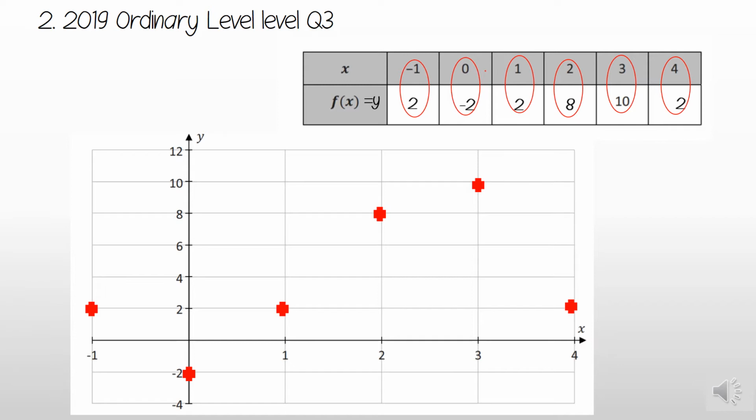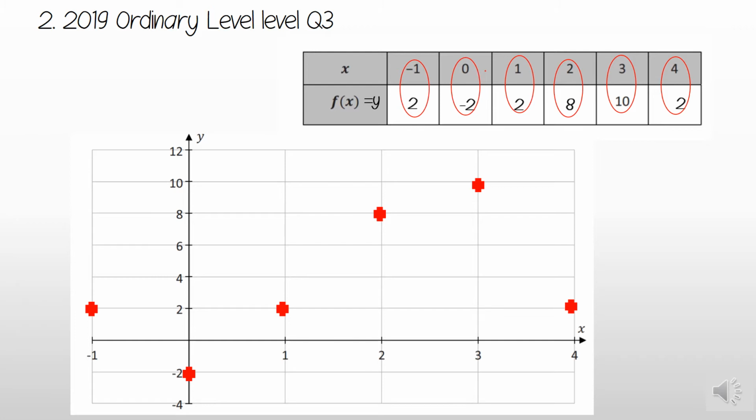So it's important to remember that the equation of this had an x cubed in it. So that gives us a hint of the shape of the curve. So it's kind of curvy rather than straight lines. So you have to know the shapes of the different ones. If the highest power of x was 1, so the equation looked like x plus 3 or something like that, it will be a straight line.